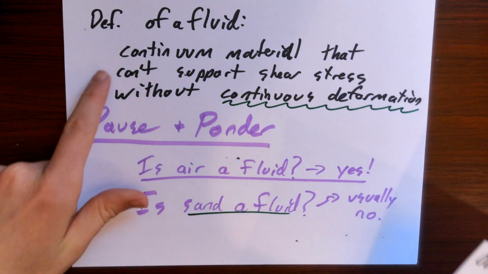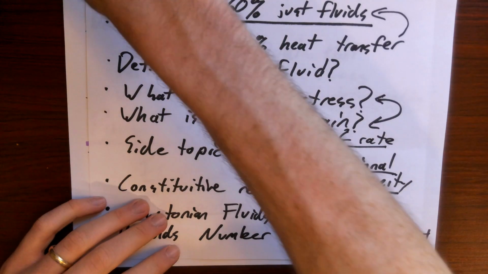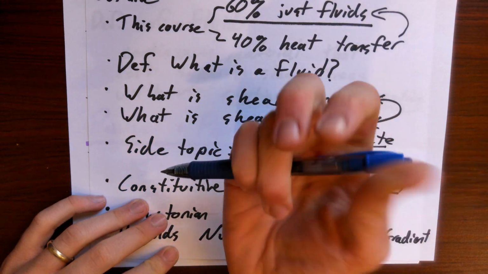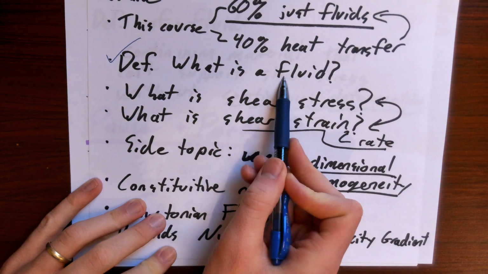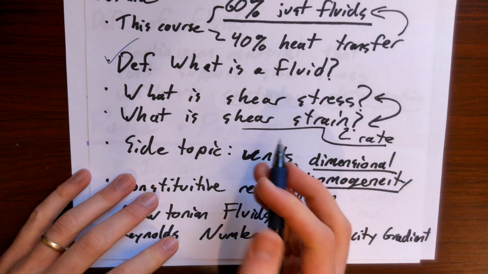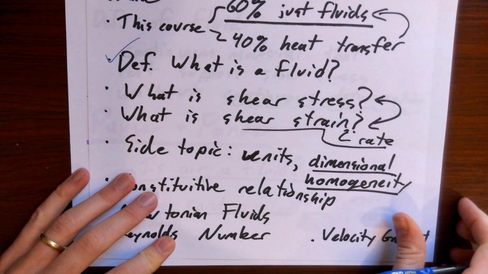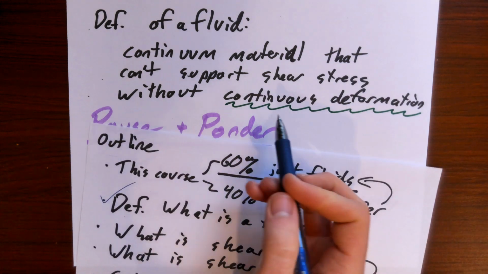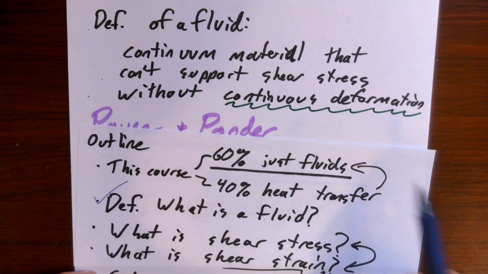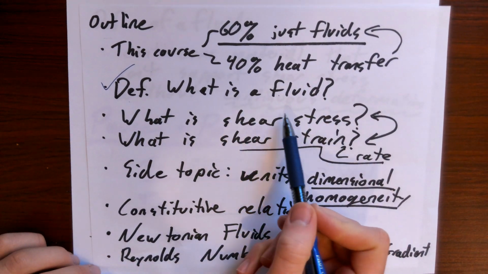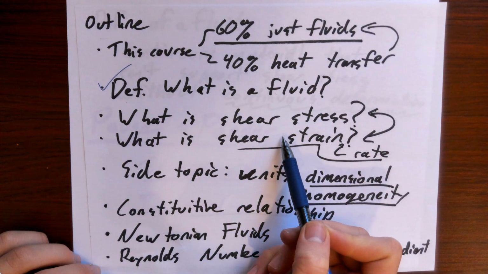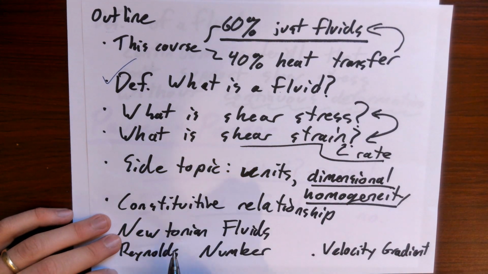So, thus concludes our discussion of this definition. We've now successfully defined what a fluid is. Now let's move on to a discussion of what shear stress is. Now I know I sort of worked shear stress into this definition here. I think we all have at least a qualitative idea of what shear stress is, but let's define this a little bit more quantitatively.